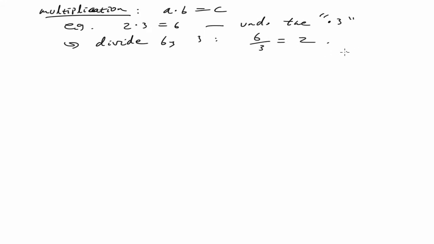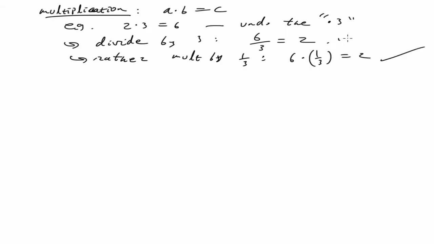Okay, that makes pretty good sense. Or rather, another way to say the same thing is I actually multiply by 1/3. Okay, so if I take 6 and I multiply it by 1/3, I get back out 2. So it's the same thing, the idea that I've just changed how I thought about it.